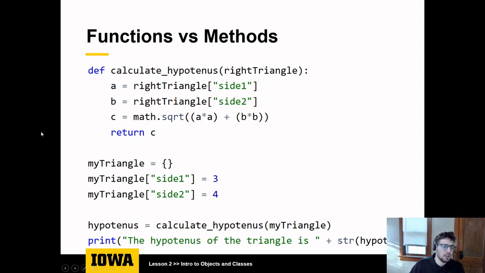Pretend you have a dictionary called myTriangle, and it has side 1 and side 2, and you can send this dictionary off to this calculate hypotenuse function, and it'll read the value of those properties and calculate the hypotenuse and return you the value.